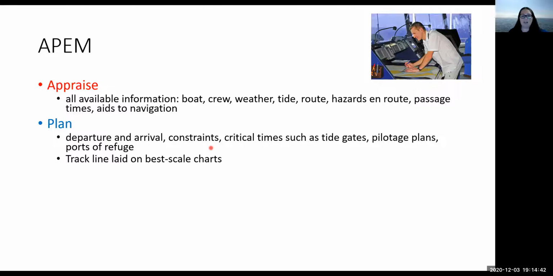Have I got constraints as to when I can actually access or exit from the places I am going from and to? What about critical times such as some tidal gates? Are there specific tidal gates that I need to make to get around a headland? Or are there specific tidal gates that I really don't want to meet on the journey because they will be creating some pretty rubbish tides that will be difficult to sail through?